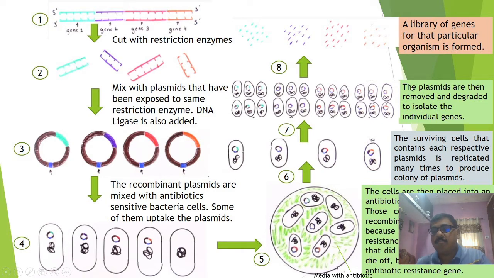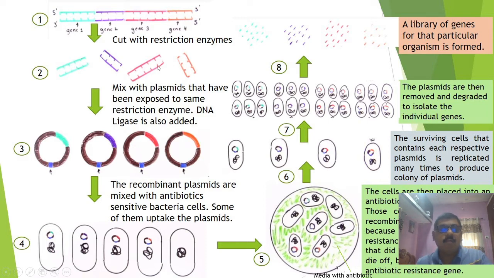And then the plasmids are removed. Now what we get is this is the colony of the first, then this is the colony of the second, then this is the colony of the third, and this is the colony of the fourth. Now the plasmids are removed and degraded to isolate the individual genes.